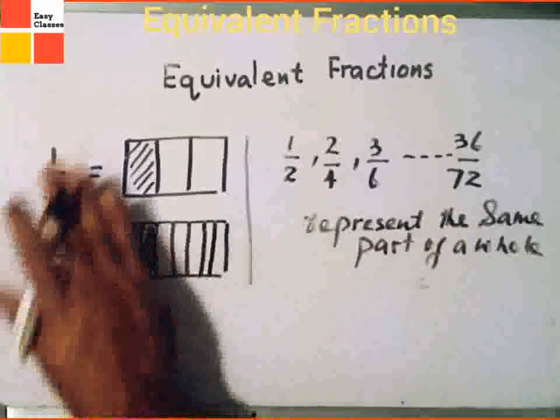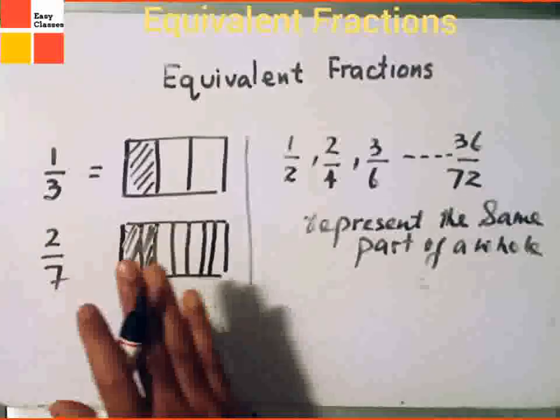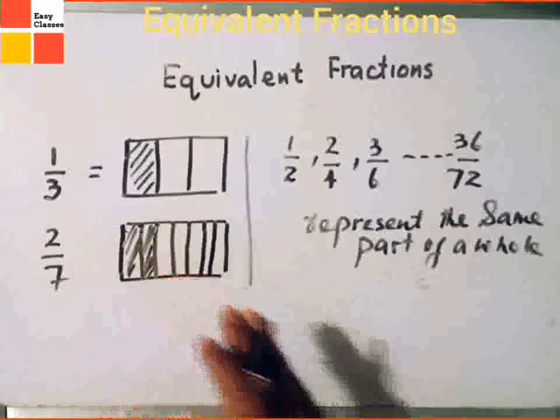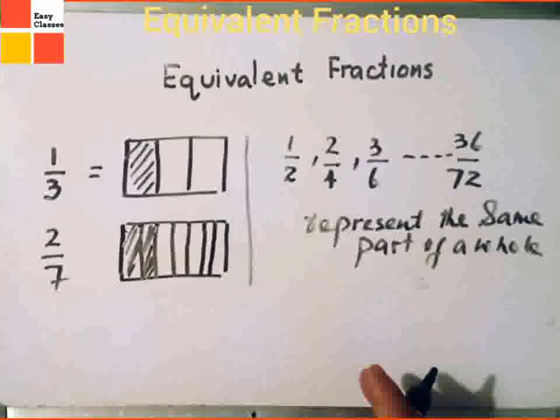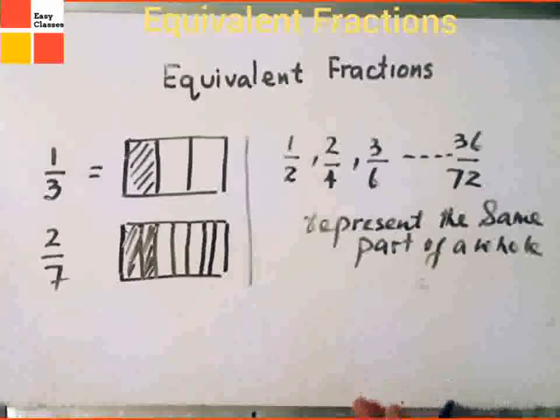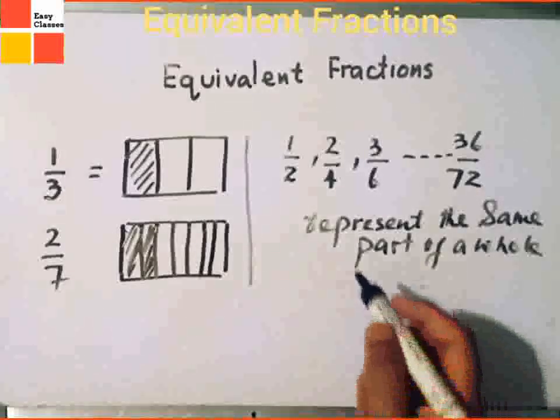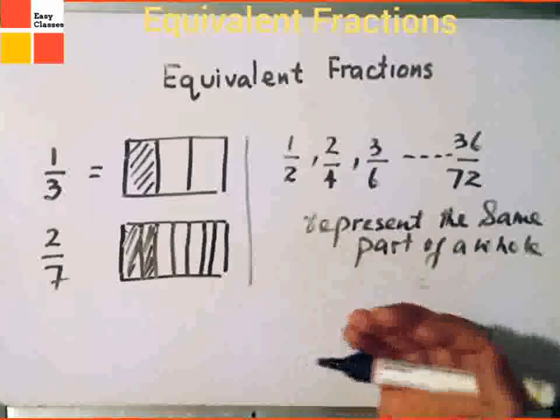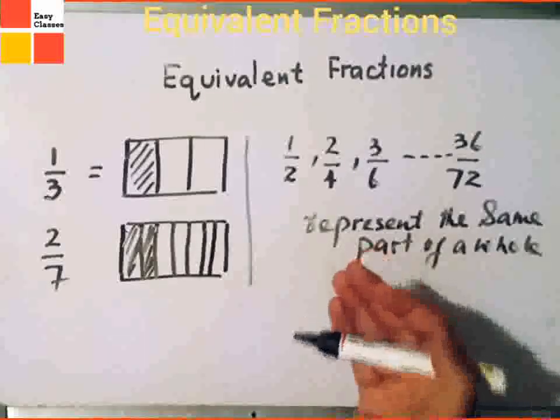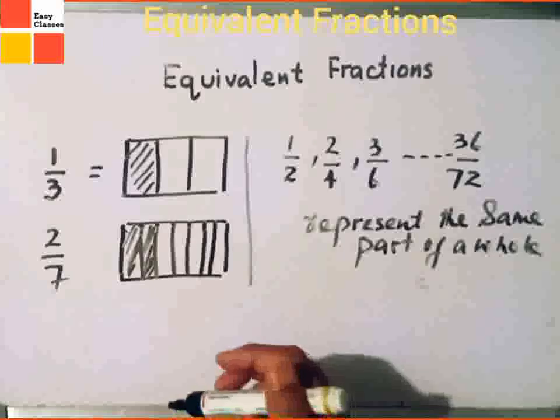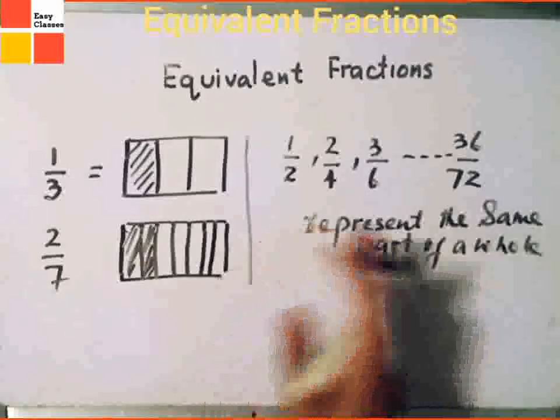And these are not equivalent fractions because they do not represent the same part of the whole. Now the question is, why do equivalent fractions represent the same part of the whole, and how can we obtain one from the other?